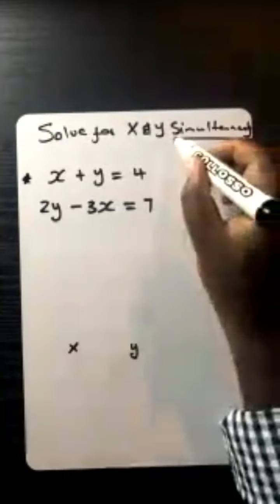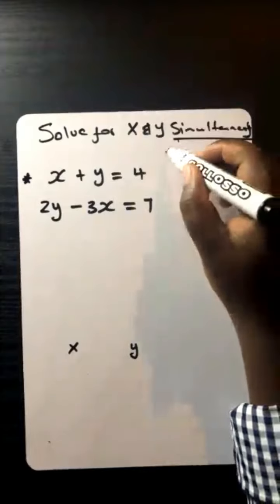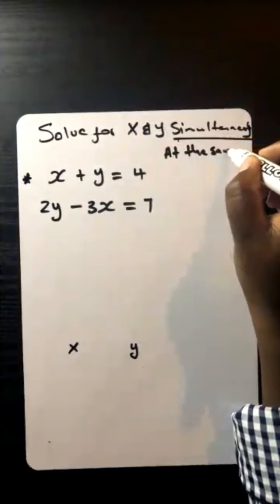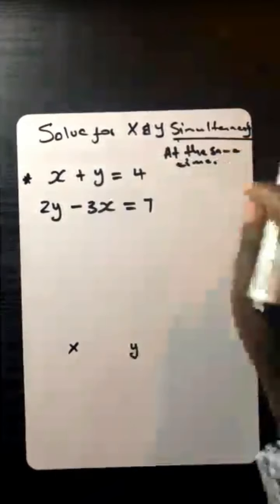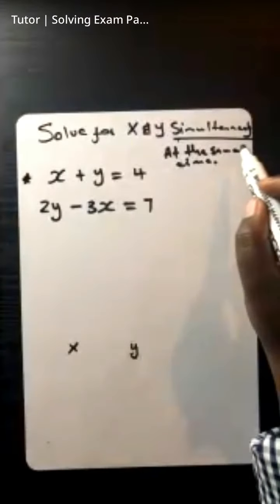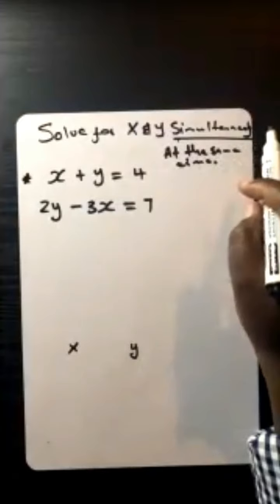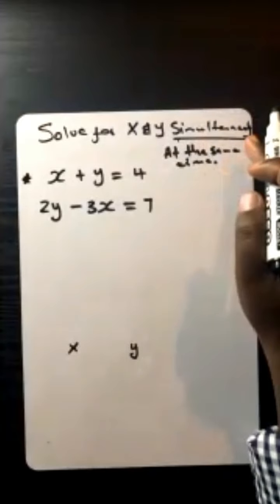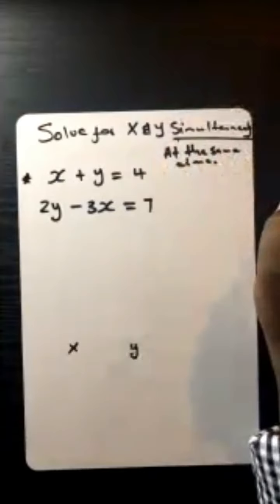So that word simultaneously simply means at the same time. So for us in our lessons, let's all remember that the word simultaneously means at the same time.